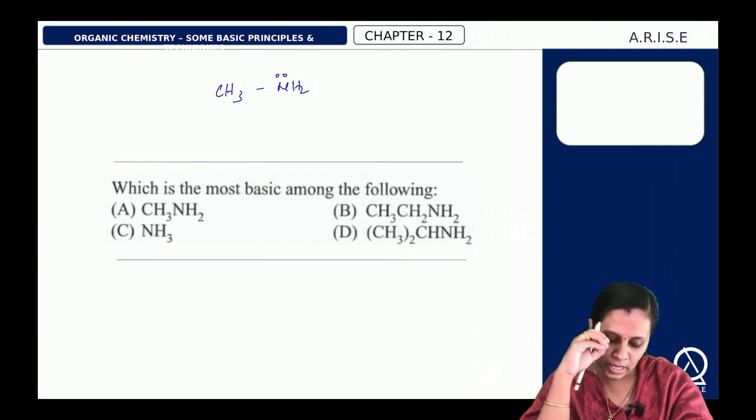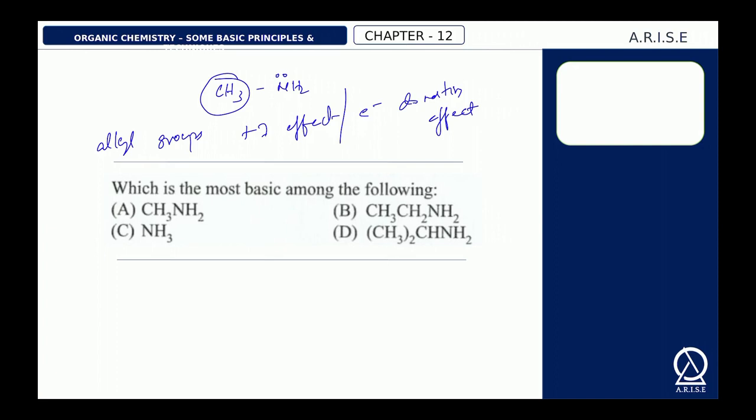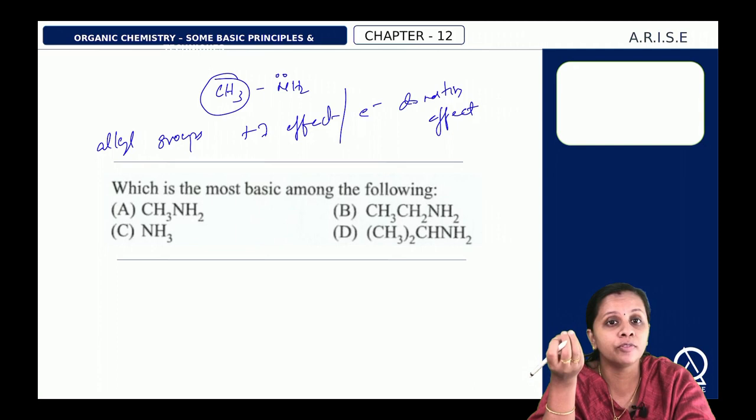So when you consider CH3NH2, CH3CH2NH2, (CH3)2CHNH2 and NH3, we can see that alkyl groups generally have a plus-I effect, or electron donating effect. Because of the plus-I effect, the CH3 will donate electrons towards nitrogen, which increases the electron density on nitrogen and makes the release of the lone pair very easy.